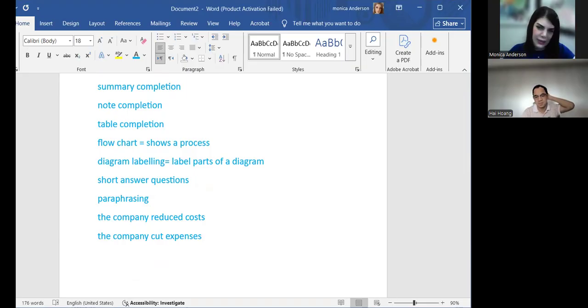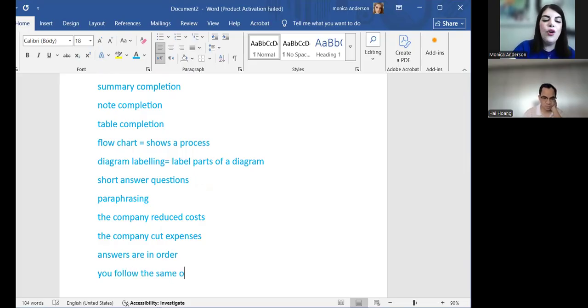I wanted to explain it later, but now I can say, in this type of question, answers are in order. What is this? You follow the same order as the passage. Let me explain.